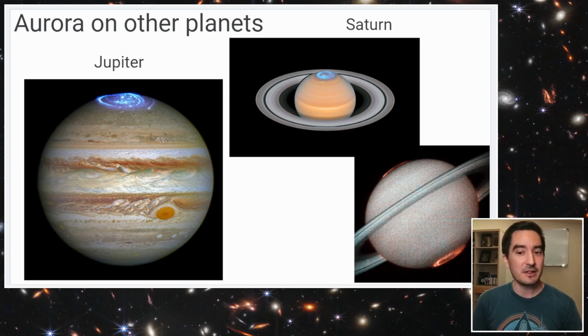And so here on the left is a picture of Jupiter. And you can see in the north, there's the aurora on the North Pole. Just like Earth, the magnetic field is like a bubble. So the solar wind goes to the north and south. Pretty cool, right? And then on the right, we have Saturn, the second biggest planet. And here you can see some pictures where the aurora is in the north and the south.